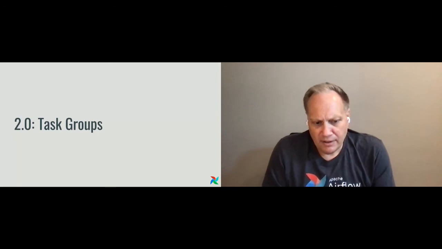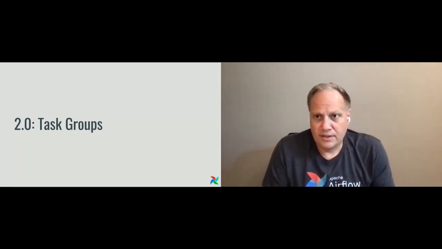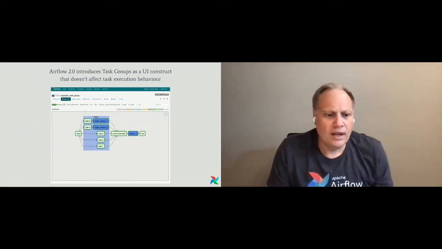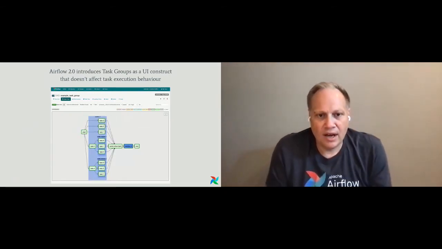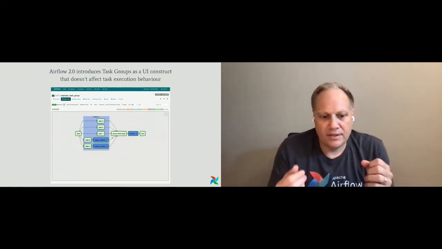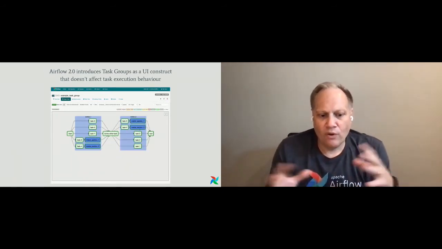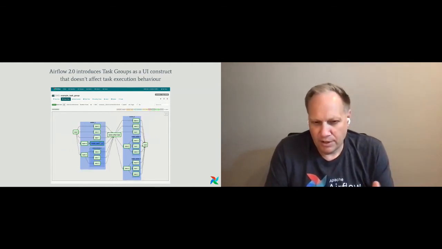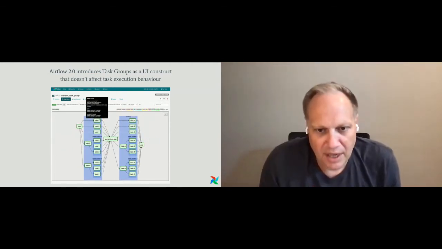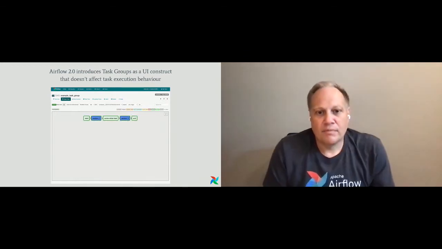Another nice feature that we rolled out in 2.0 is something we call task groups. In this case, you can decorate your tasks with this grouping mechanism, which allows you to fold and unfold groups of tasks in the Airflow DAG viewer UI, which is what we're seeing a little animation of here.